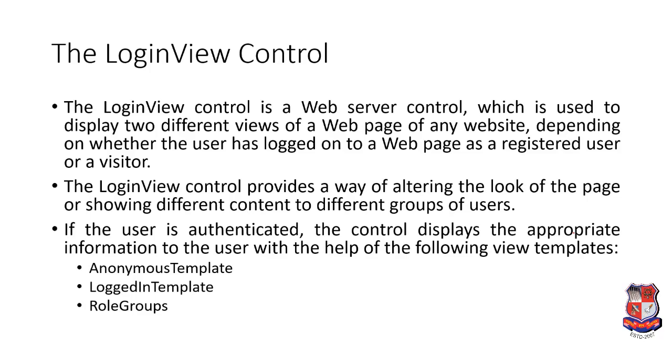For example, if we want to give some view before login, we can use the anonymous template. If we want to give some view after login, then we do the code inside the logged in template. And if our website or web application has some role assigned to a user, and according to that role we want to give the view, then we have to use a role group template.